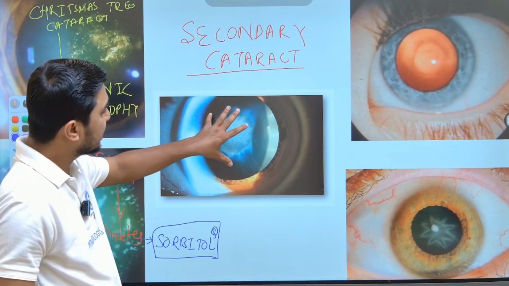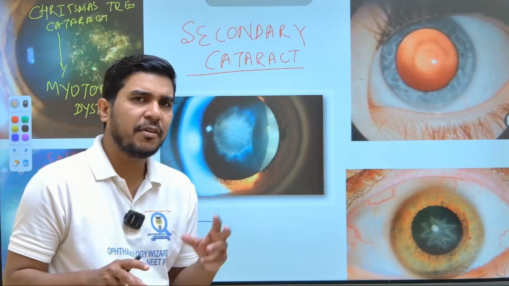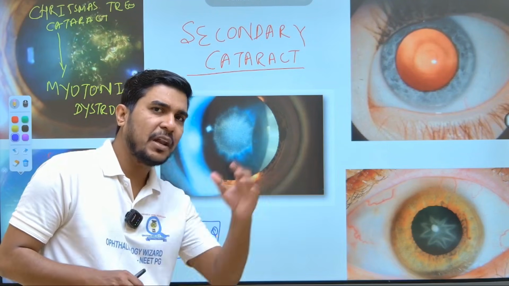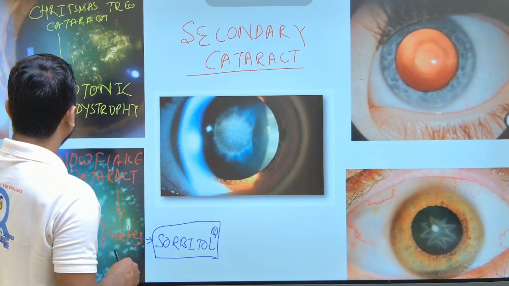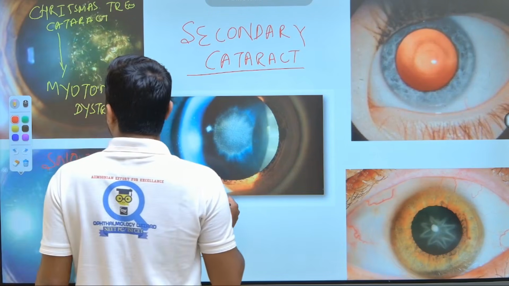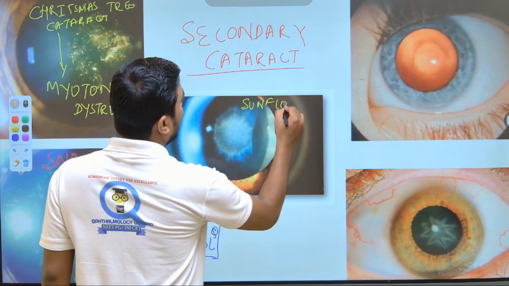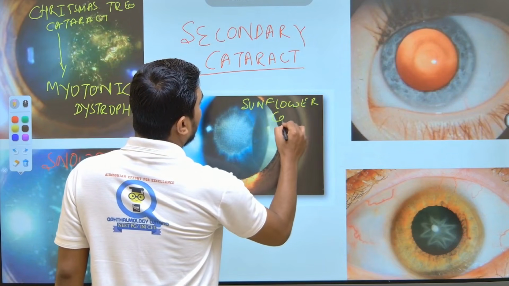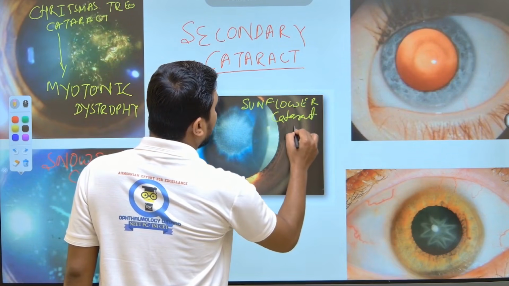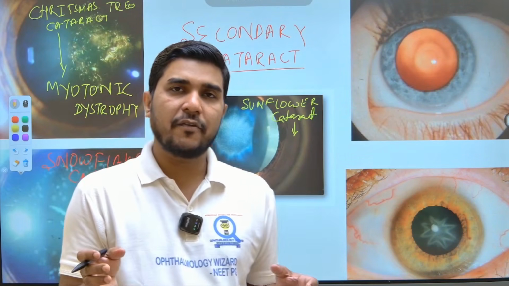Now coming to this center one, how does it look like? Just imagine a flower, a sunflower. Yes, it is not typically, but it looks like a sunflower. So I can say it's a sunflower cataract. What type of metabolic disorder will you see in the sunflower cataract?